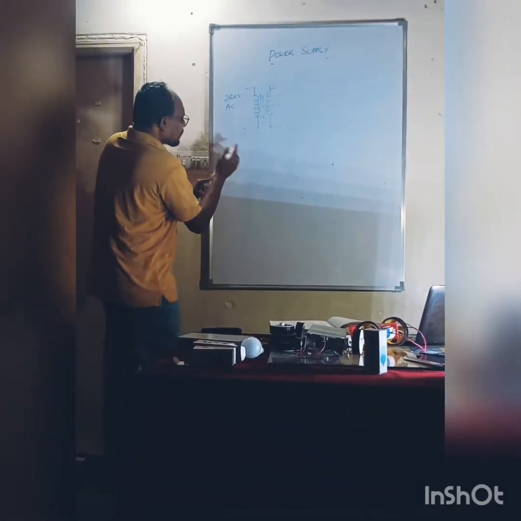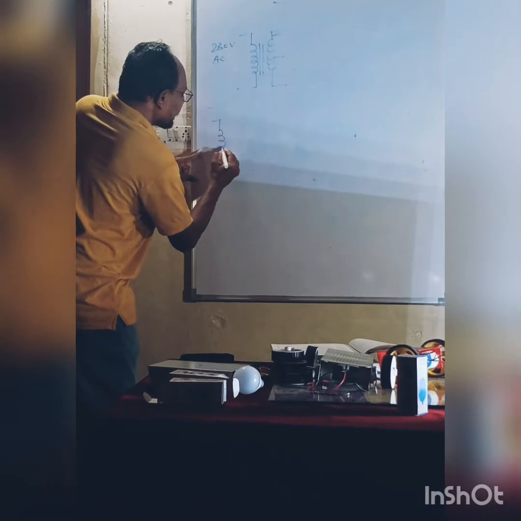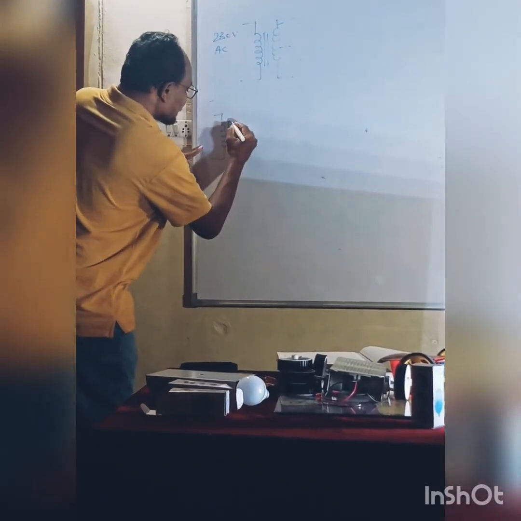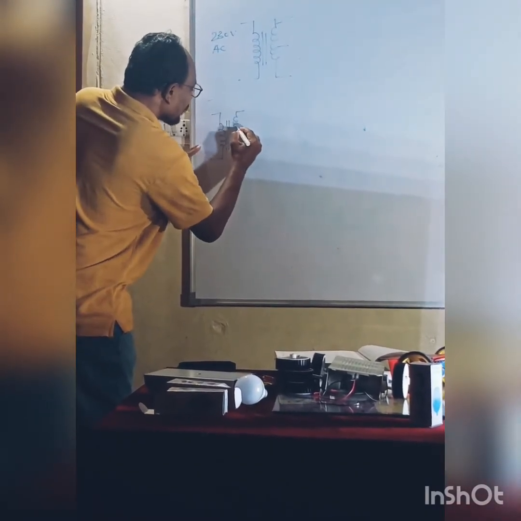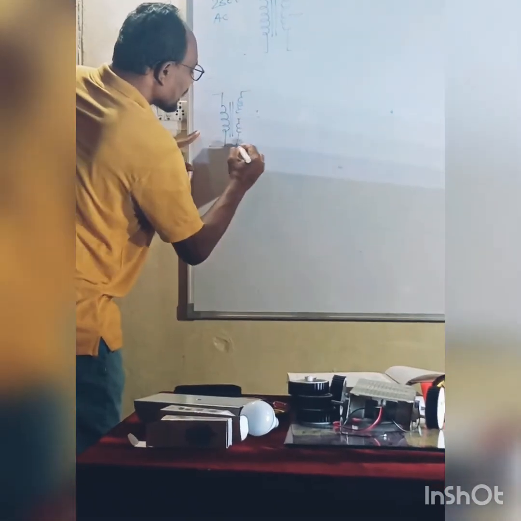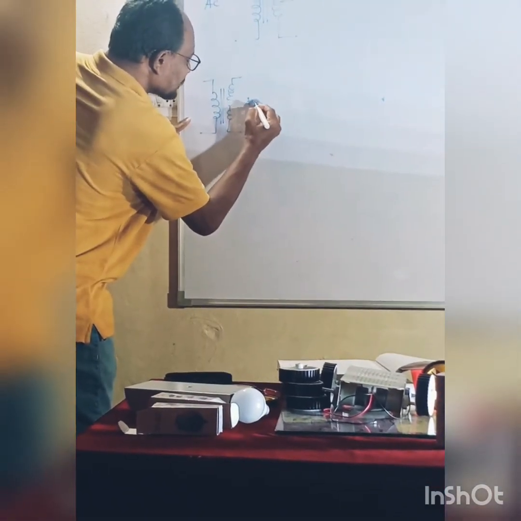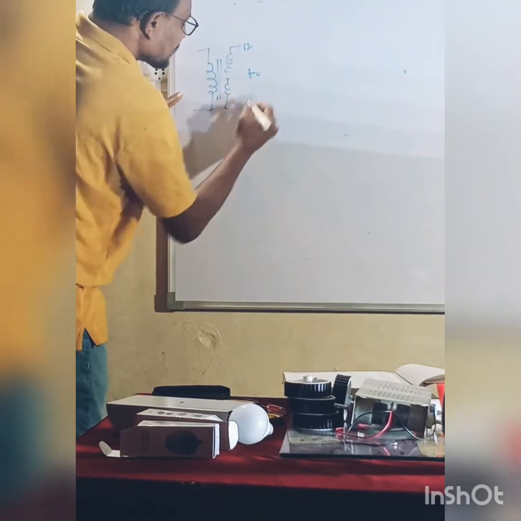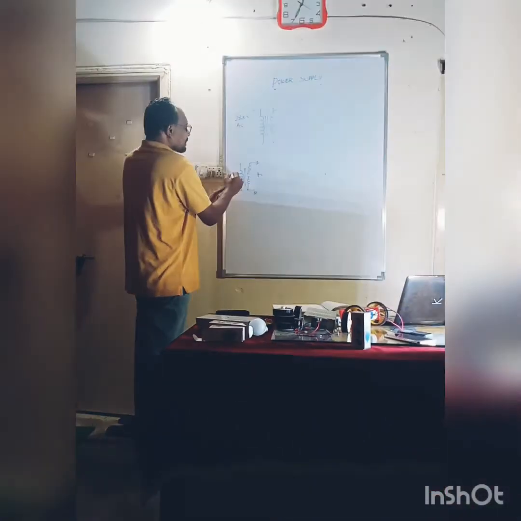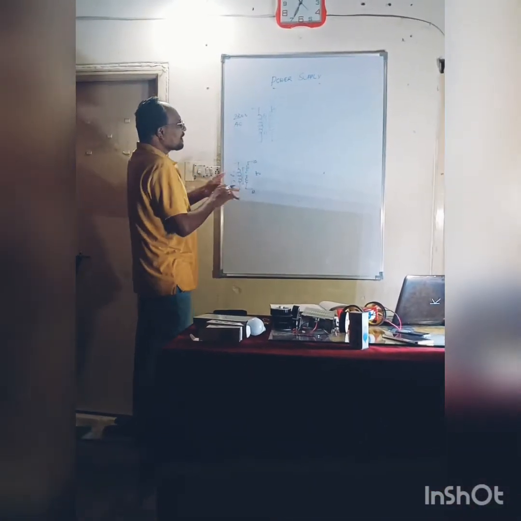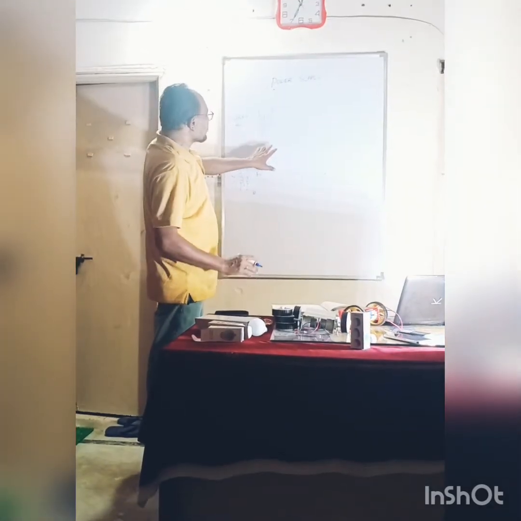So if you see the coil, primary winding will be like this, and secondary you will find 2 coils like this. And this is the center 0. If it is 12, 0, 12, this is a center tap transformer. And this is the AC source.